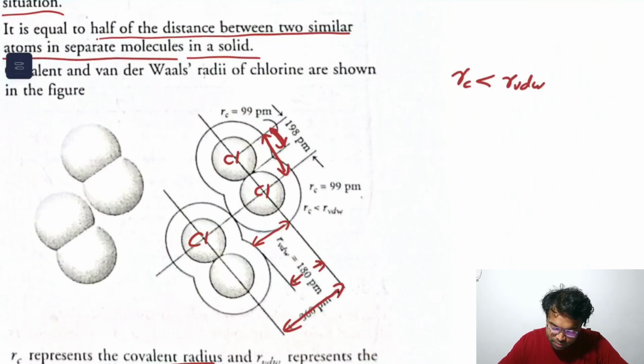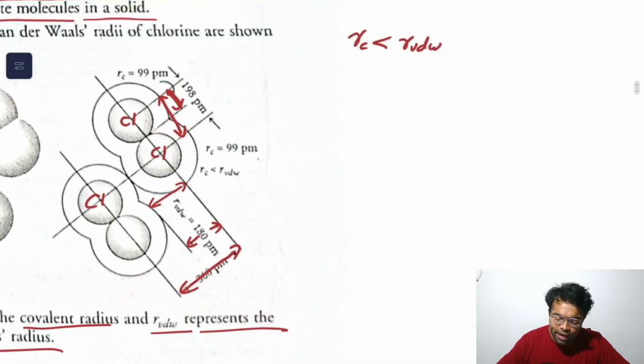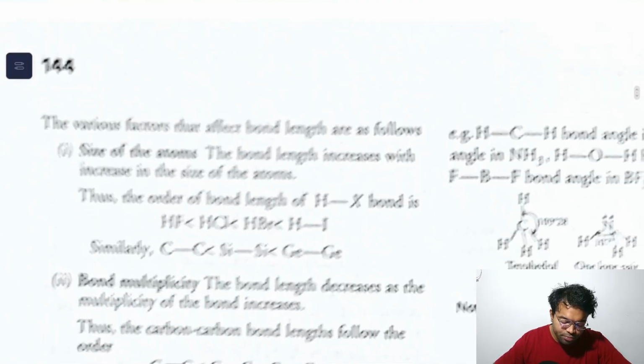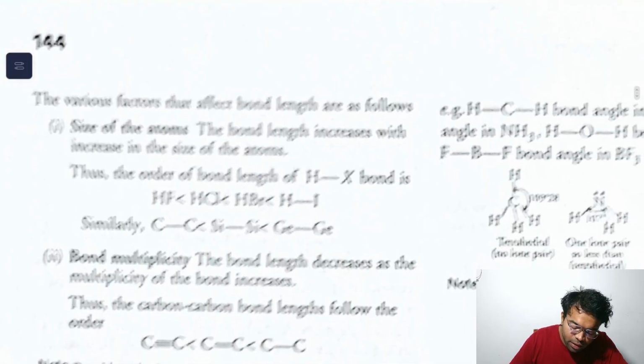It's correct, right? See, basically that is always going to be like that. You're always going to get the covalent radius to be much smaller as compared to the van der Waals radius. Now, the next topic, the various factors that affect bond length are as follows.